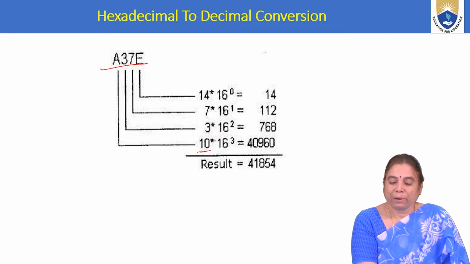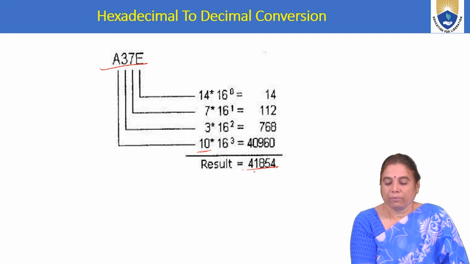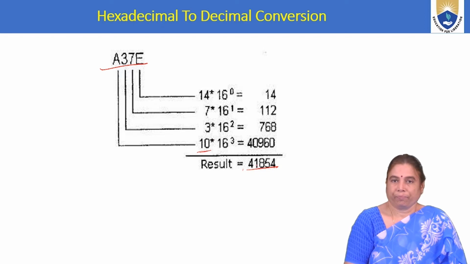These are multiplied with the place values 16 power 0, 16 power 1, 16 power 2, 16 power 3. After summing, we get 41,854 as the decimal conversion.